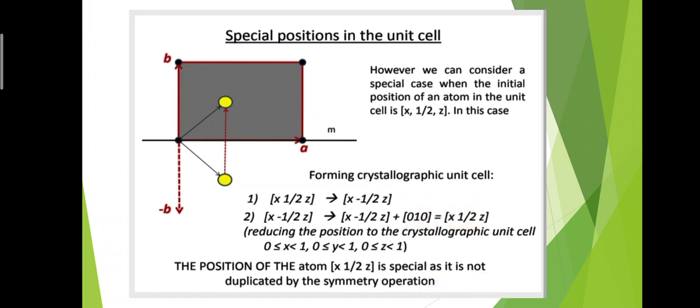Reducing the position to the crystallographic unit cell, 0 is smaller than x is smaller than 1, 0 is smaller than y is smaller than 1, and 0 is smaller than z is smaller than 1. The position of the atom x 1/2 z is special as it is not duplicated by the symmetry operation.